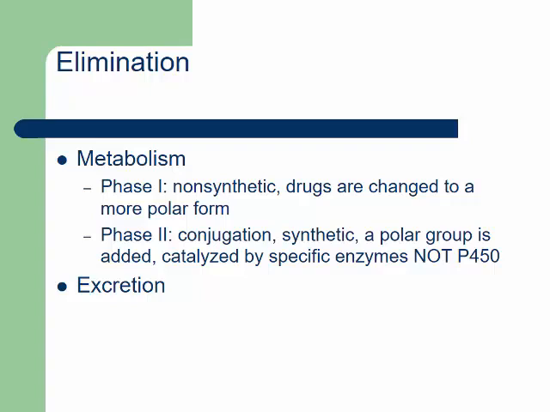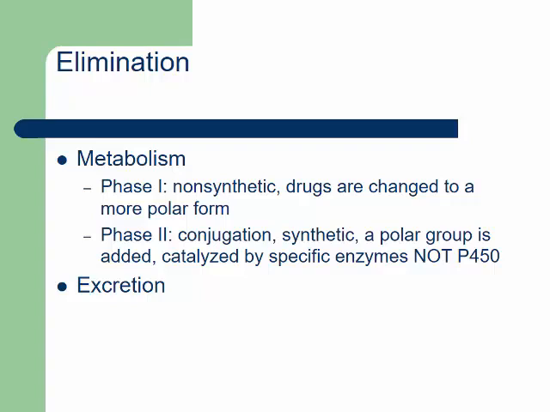That drug that is something new will have its own properties, and it's called a metabolite. Phase 2 reactions are when you're sticking a bigger functional group onto the drug usually. So it's usually a conjugation reaction, and a polar group is added to the molecule.